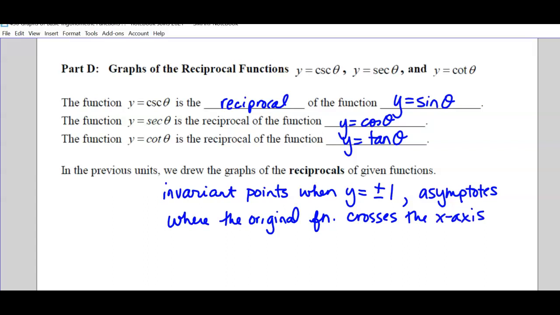I should say theta intercepts of the original, or rather than horizontal, I should say independent variable. Okay, so that's what to remember when we're graphing these.